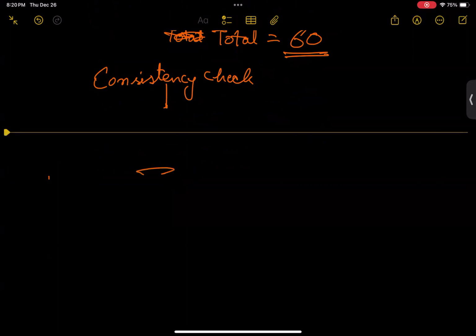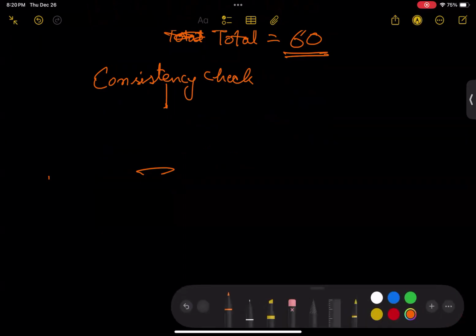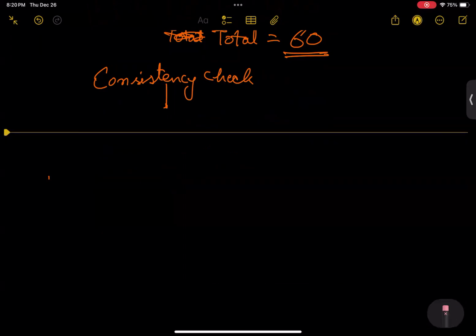Not sure what's wrong with this one. Give me one minute, I'll try to fix something.